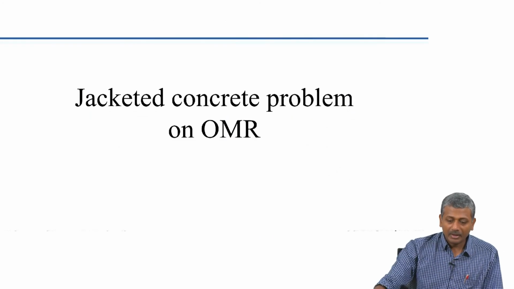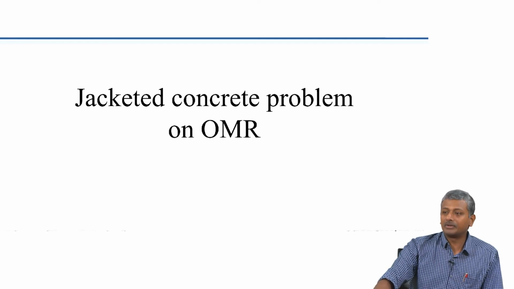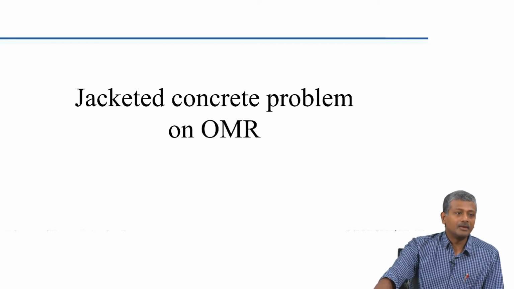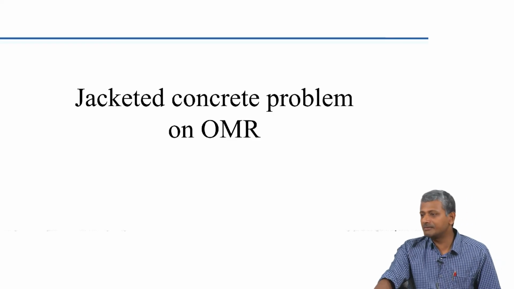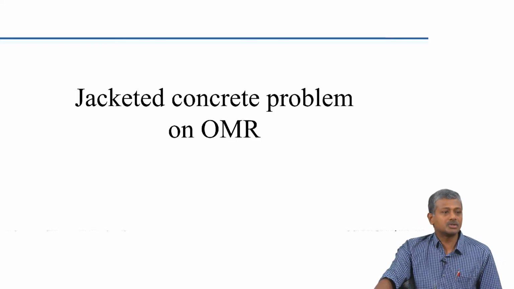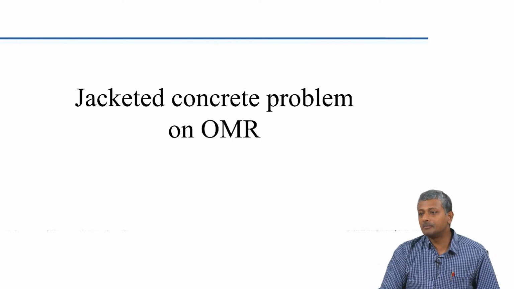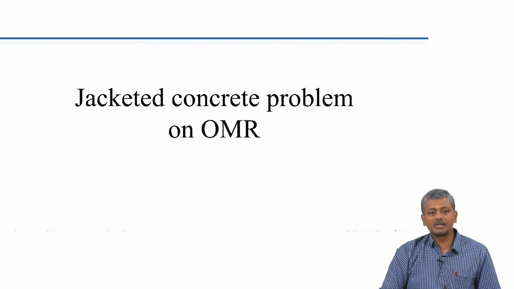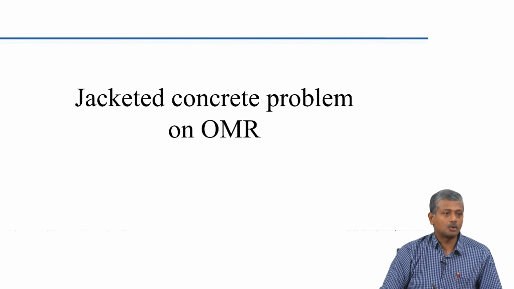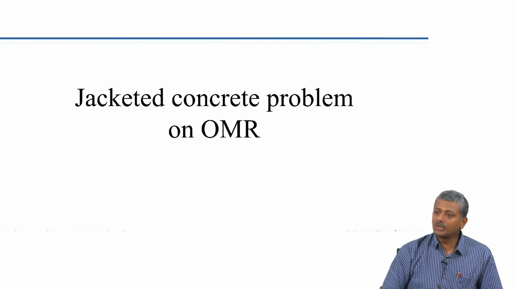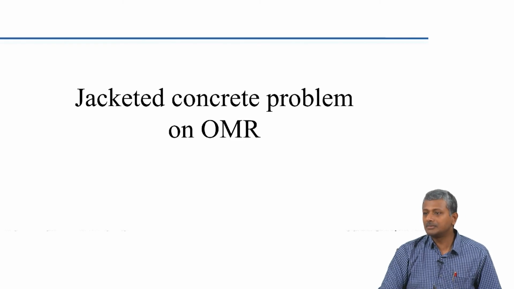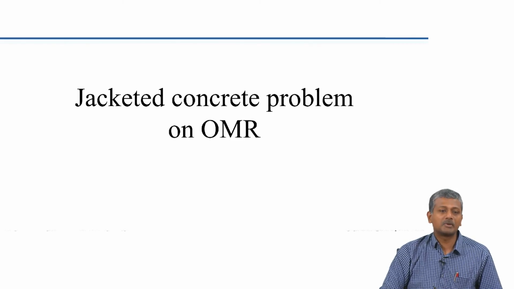So, this is an interesting problem on Old Mahabalipuram Road, where a newly built structure, after about 6 to 7 years, started showing some corrosion related cracking in some of the columns in the basement. Now this structure was originally intended to be a 3-story structure, ground plus 3, but during the construction process they got permission to extend it to ground plus 7.